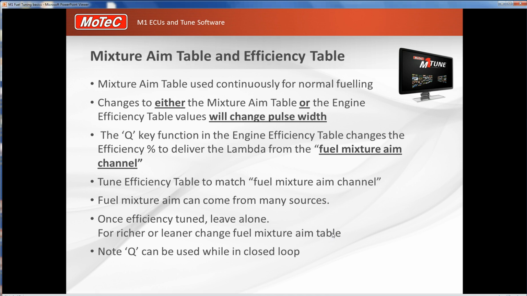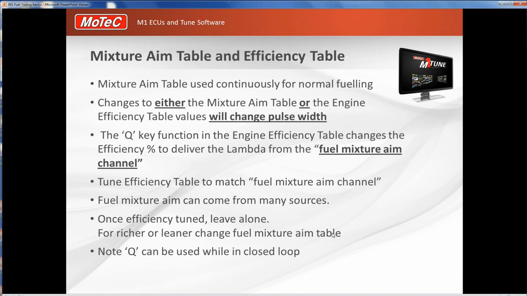So the M1 is constantly looking and using the entered parameters in the mixture aim table along with the efficiency table. Alright, so changes to either table will affect the pulse width. The quick key or the Q key still works on the engine efficiency table just the way you would expect.